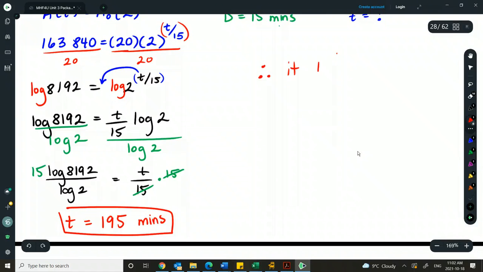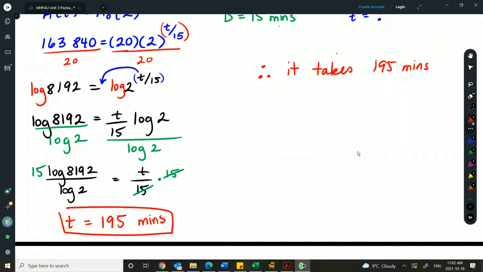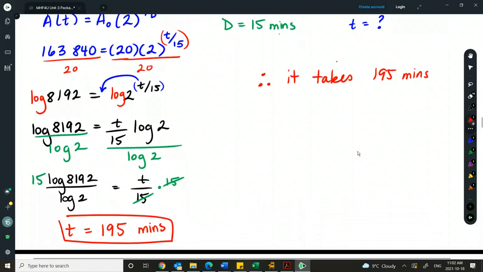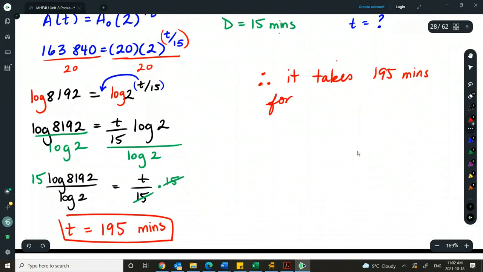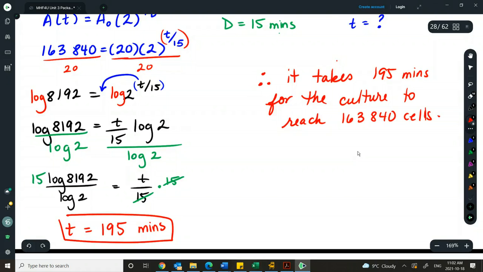So therefore, it takes 195 minutes for the culture to reach 163,840 cells.